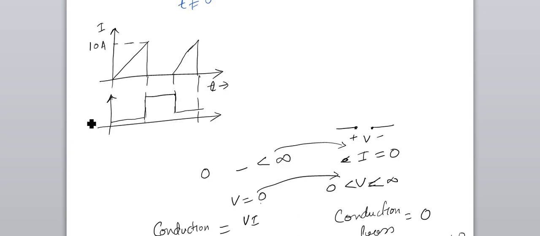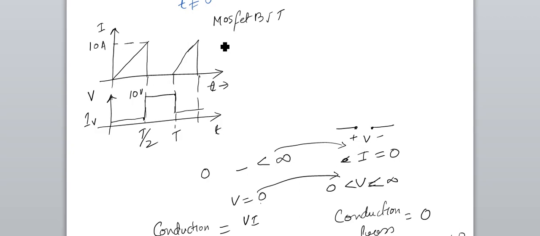This is 1 volt, and this is 10 volt. Here this is T by 2 and this is T. Now this is switching. You can expect that a device, a MOSFET or BJT, is switching from one state to the other.